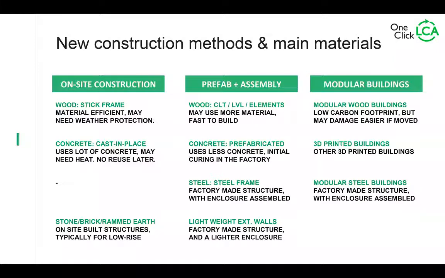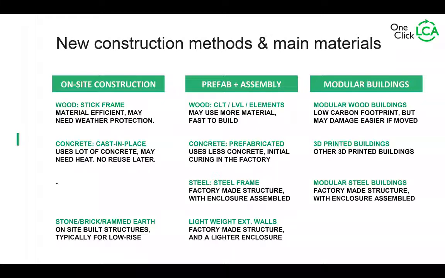There's not too much by way of on-site construction for steel, because steel frames tend to be prefabricated for purpose. However, there are stone, brick, and rammed earth and other smaller material categories which can be readily constructed on the site, typically for low-rise buildings.